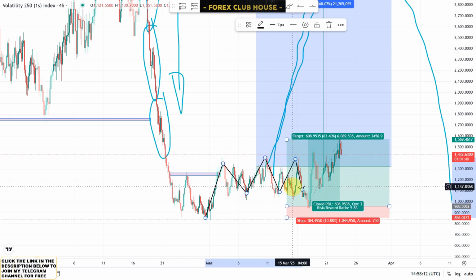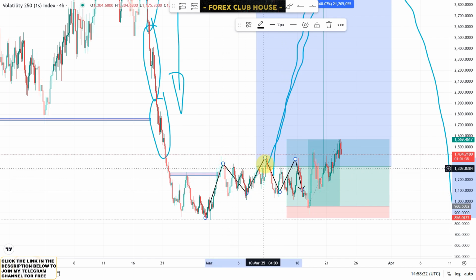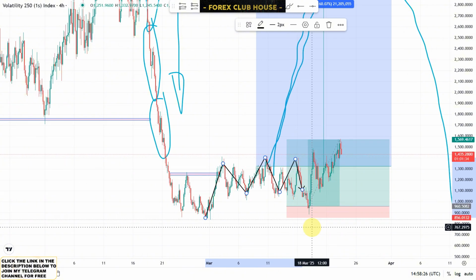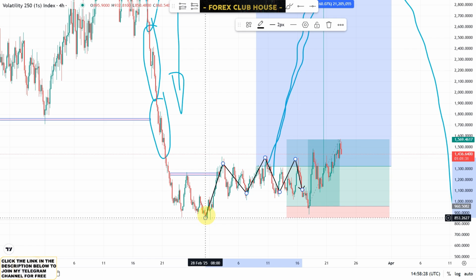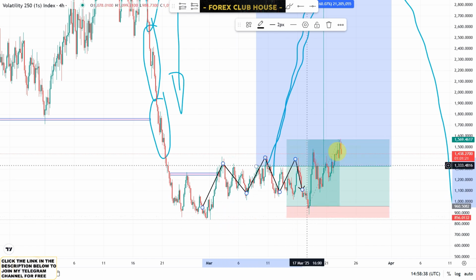This moving sideways, logically, tells you that right now in this market, there are no actual players that have enough money in their account to push this market either to the uptrend or to the downtrend. As a retail trader, you have to know where is the exact area where the big players, who have funds in their account large enough to move this market, are.